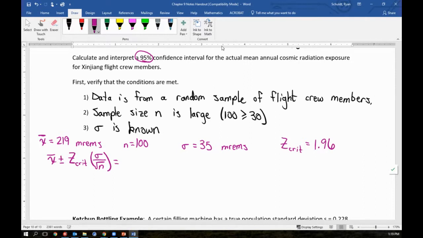Z critical is down there in that little small table at the bottom. We're 95% confident, so on y'all's it says C is 0.95, and that goes with the value 1.96. Does that make sense? Yes, sir.